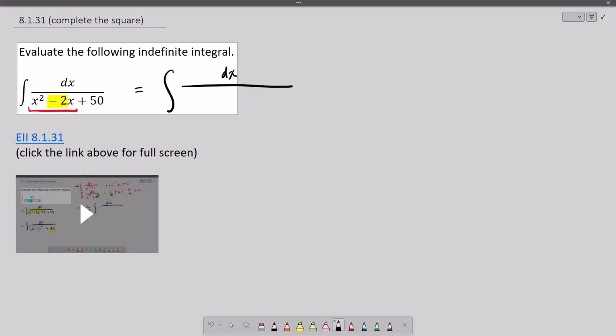We're going to rewrite the 50 as 49, and we're going to group the 1 over here. So now we have a factorable perfect square trinomial. So that is perfect square. And let's rewrite it, factored. So this will be x minus 1 quantity squared plus 49.